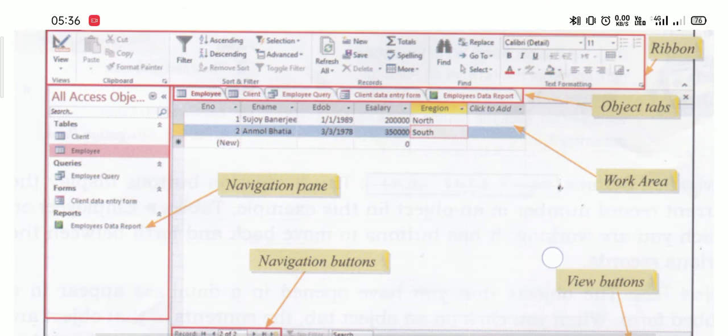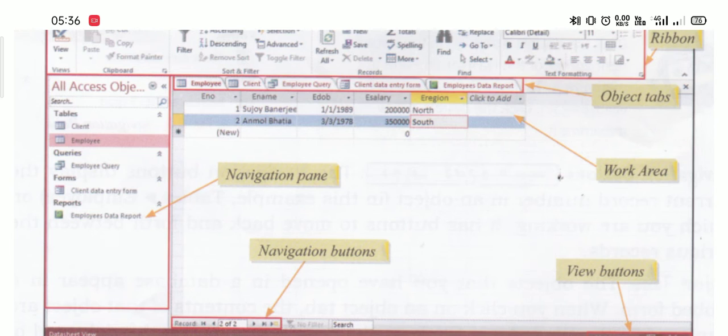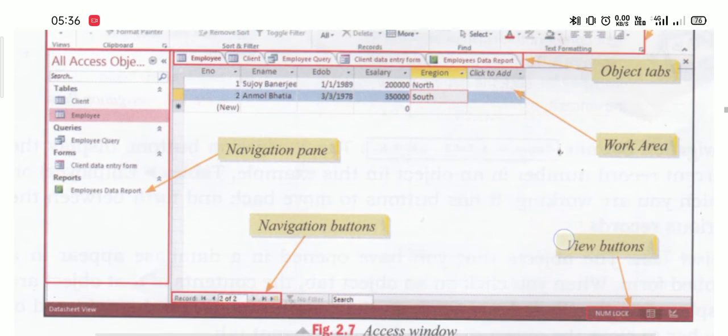And next one is object tab. Object tab displays all the objects according to what is currently opened. And next one is working area. Working area is the area where we can store data and create a database using different objects.